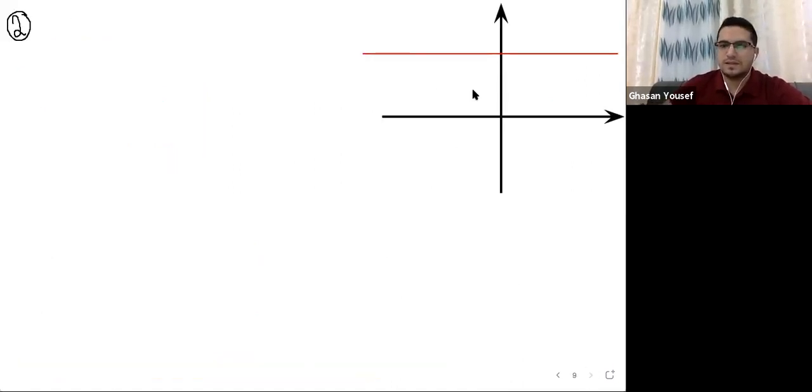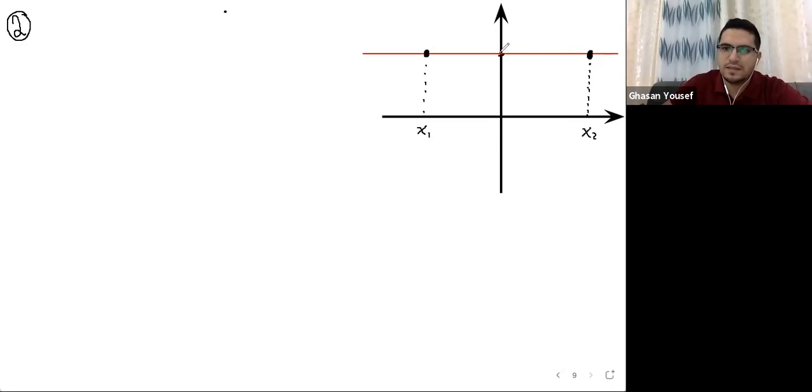So again, this is my Cartesian plane. I have a horizontal line. Now the question is, find the slope if this line passes through these points. This is the first point, and this is my second point. This is x1, and this is my x2.